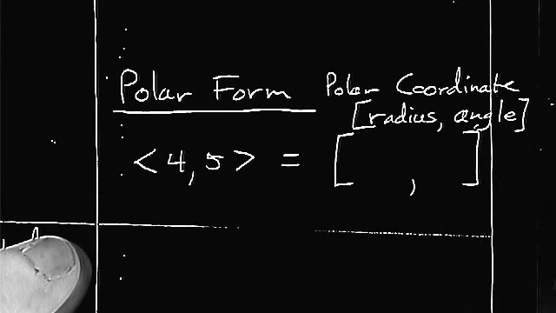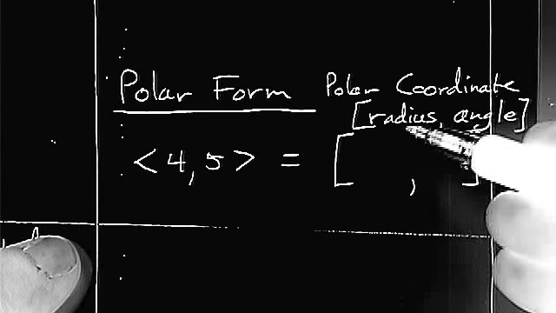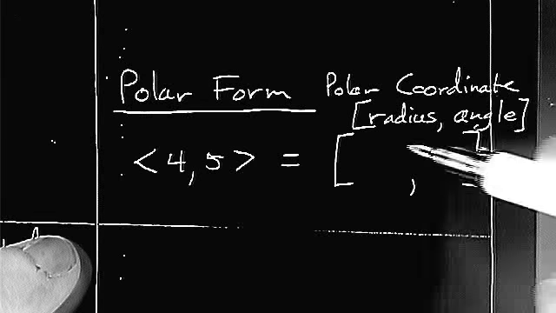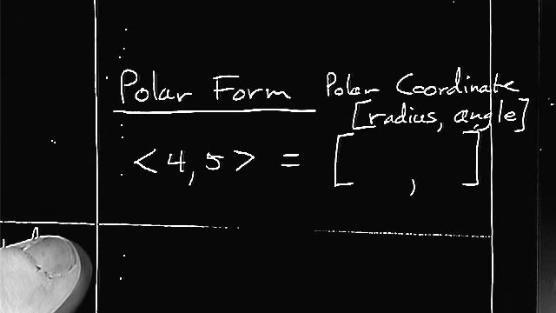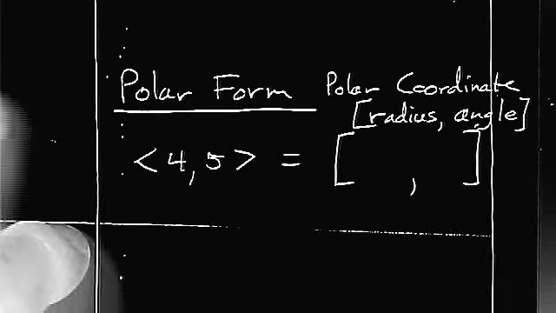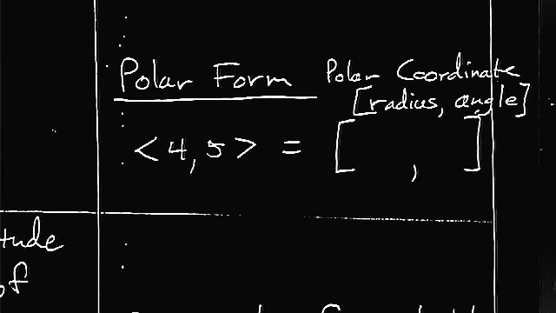Well, that kind of sounds like magnitude and direction to me, and that's exactly what it is. So when we talk about the radius and the angle, we're really talking about the magnitude and direction of the coordinate.